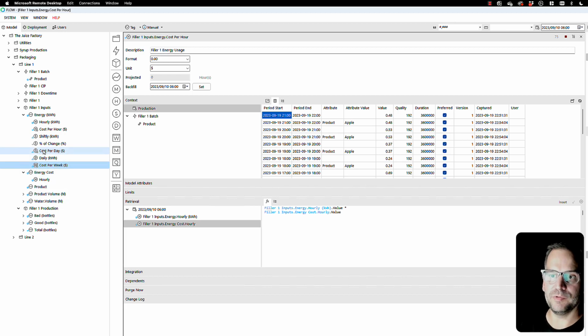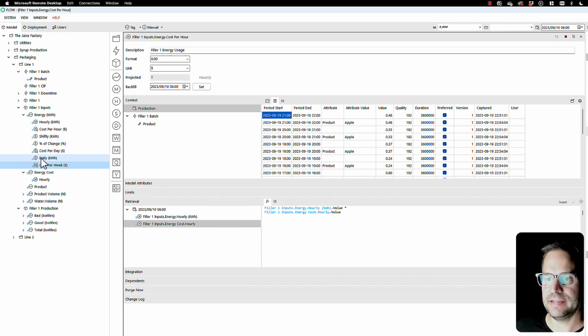What happens when we roll up from the hourly to the daily? Well, we have these hourly slices of the energy attributed to each product that will now get summed up based on the total length of the product run.